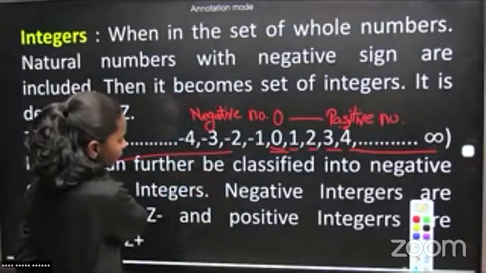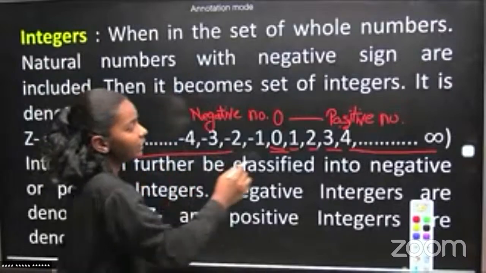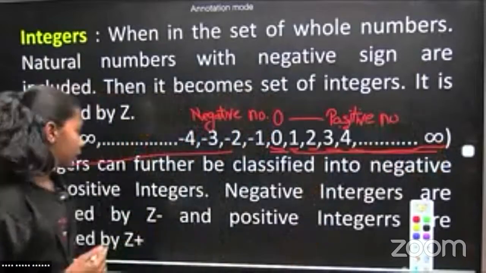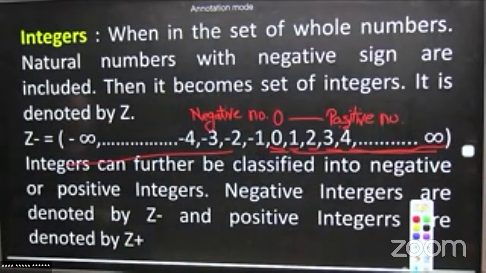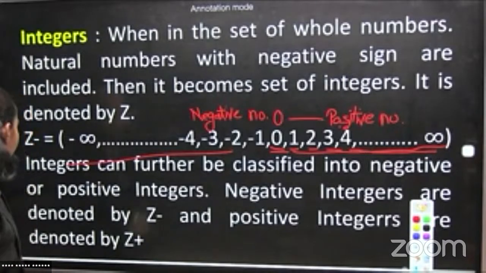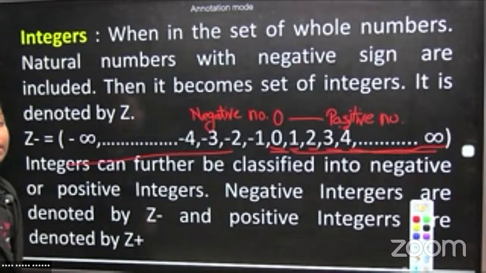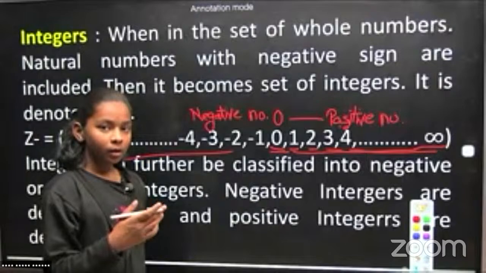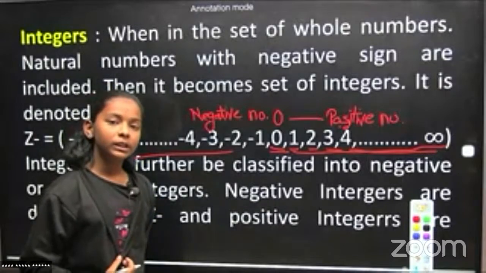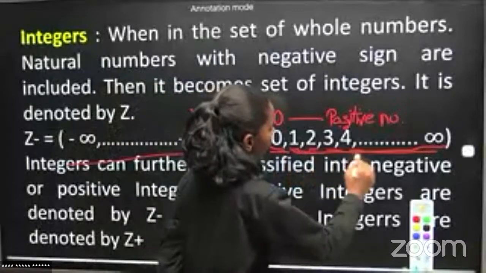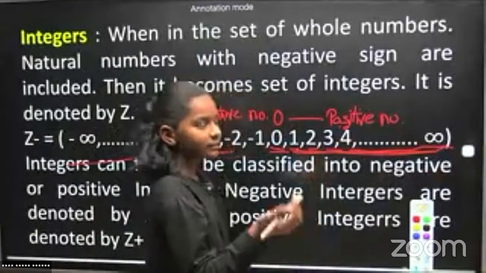Here also the numbers go up to infinity, and 1, 2, 3, 4, 5, 6. They are also infinite. Now, integers can further be classified into negative or positive integers. Just like this, these are positive integers 1, 2, 3, 4, 5, 6.